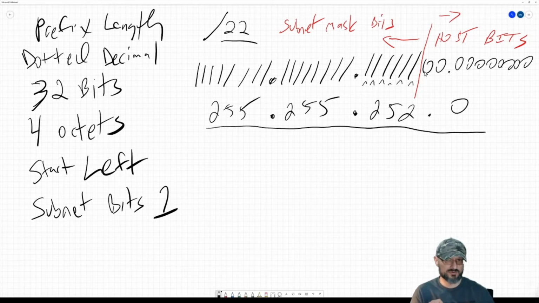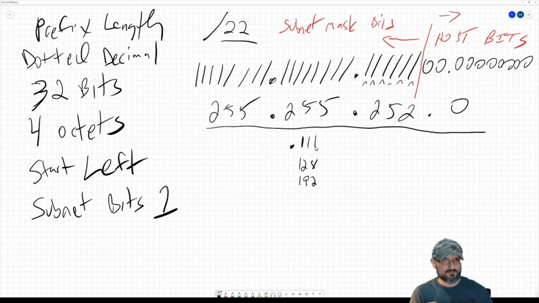Now it's important to note, since we start from the left, what does that actually mean? It means there are only certain decimal numbers that can actually be in a subnet mask. You pretty much saw me go through most of them right here. So I'll show you. Since we've got a dot 1, if we figure all the rest of those are zeros at the end of that, what is that? Well, that's going to be 128. Well, if we have dot 1, 1, it's 128 plus 64, which is 192.